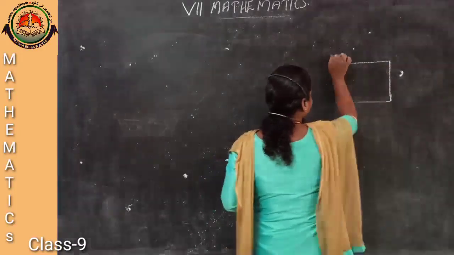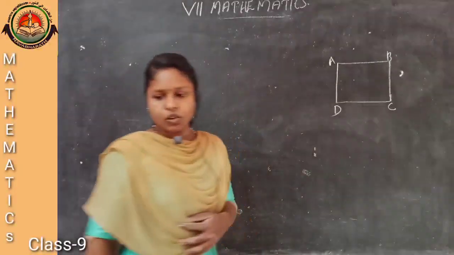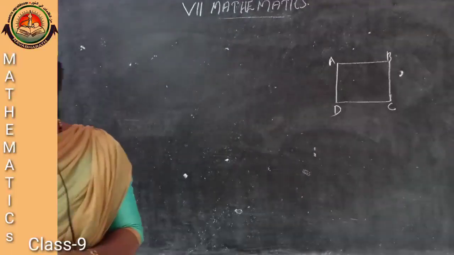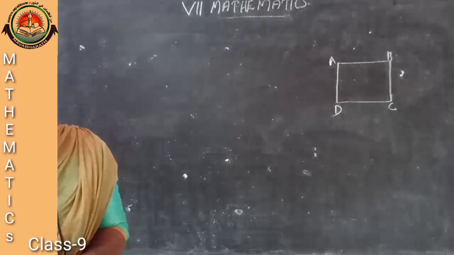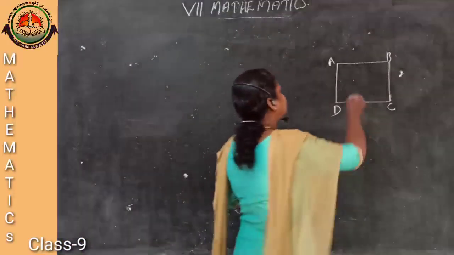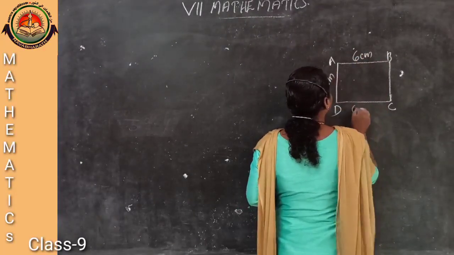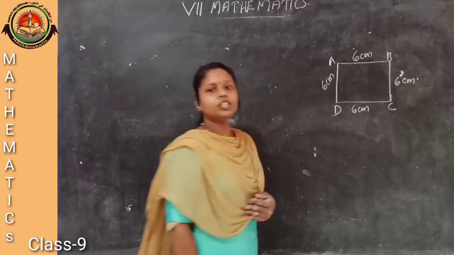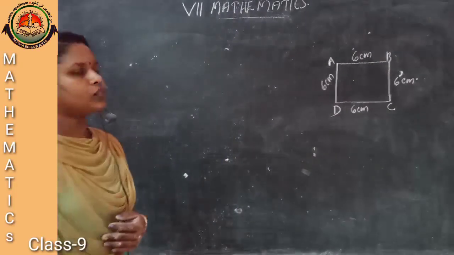Suppose any square, we can name it as A, B, C, D. Its length is 6 centimeter. Each side will be 6 centimeter. We need to find 1 by 3 of the perimeter of the square.